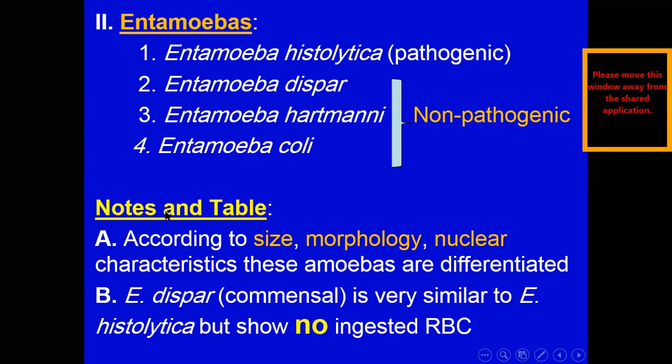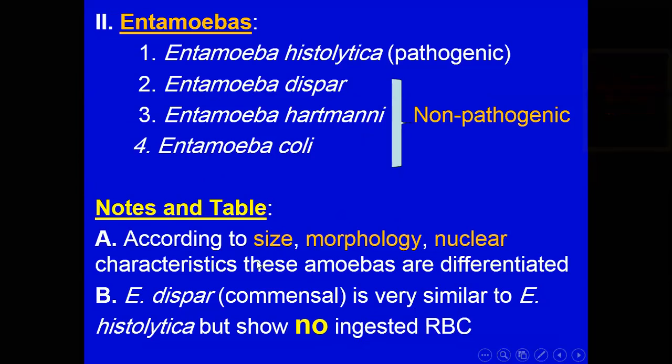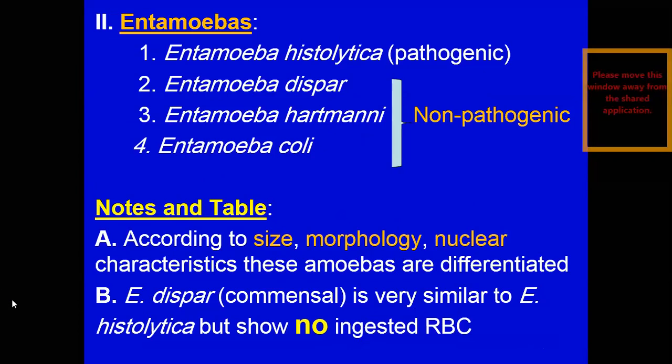The following notes and table show how we are going to differentiate between these different types of Entamoeba according to their size, morphology, and nuclear characteristics. Very important, the nuclear characteristics. Entamoeba dispar, which is commensal, is very similar to Entamoeba histolytica, but it shows no ingested RBC.